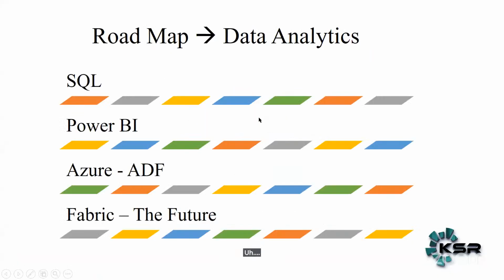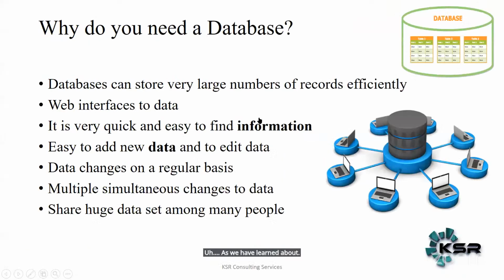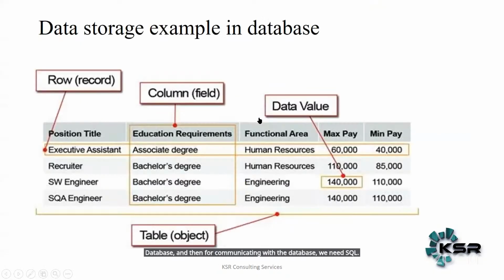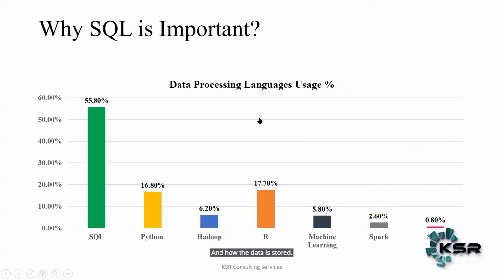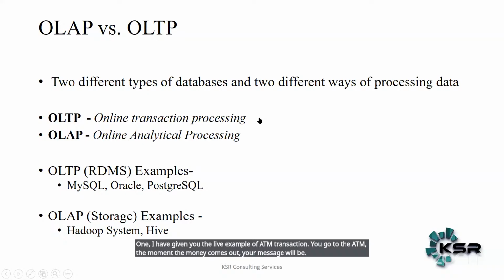As we have learned about databases, for communicating with the database we need SQL, and how the data is stored. SQL is very important, and it is as important as understanding OLAP and OLTP. I have given you a live example of an ATM transaction. You go to the ATM, the moment the money comes out, your message will be notified, right?